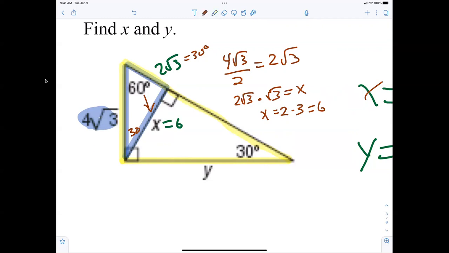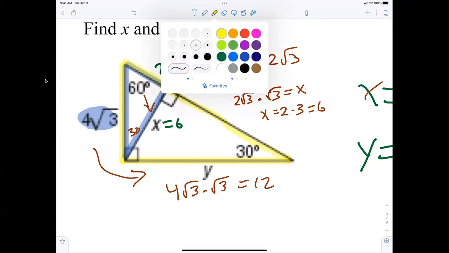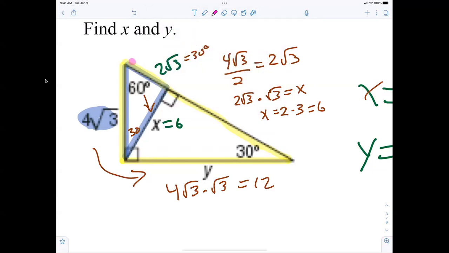So to get to the 60, I multiply that by radical 3, which is 12, right? Now, if I wanted to know what this side was, and here's, I think, what you're asking me, I take this and I double it. That whole highlighted pink region is 8 radical 3.